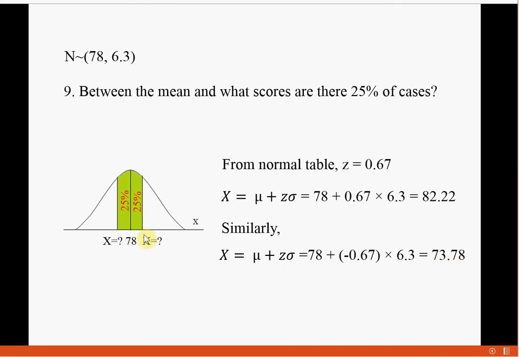But this side is above the mean, so it has to be larger than 78. It turned out that it is 82.22. So the lower bound is 73.78. The upper bound is 82.22. So that's the answer to question number 9.